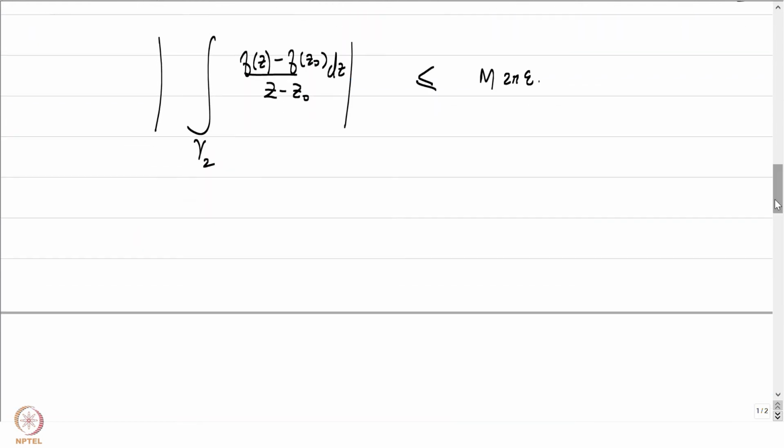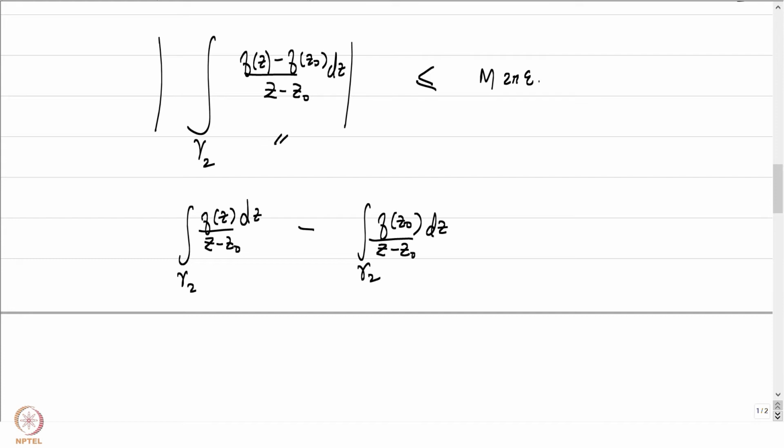Now let's focus on what is inside the integral. This is just going to be the integral of f of z by z minus z naught dz over gamma 2 minus the integral of f of z naught by z minus z naught dz over gamma 2. This is the absolute value that we are interested in.